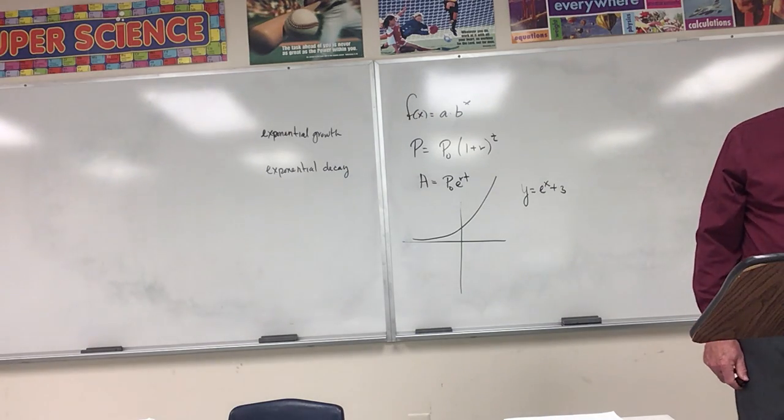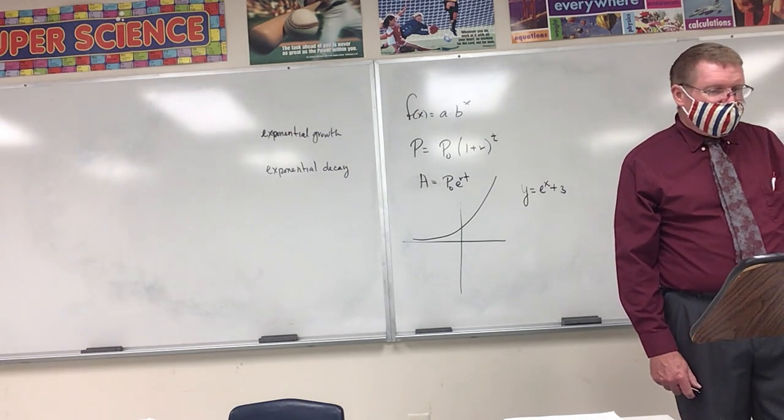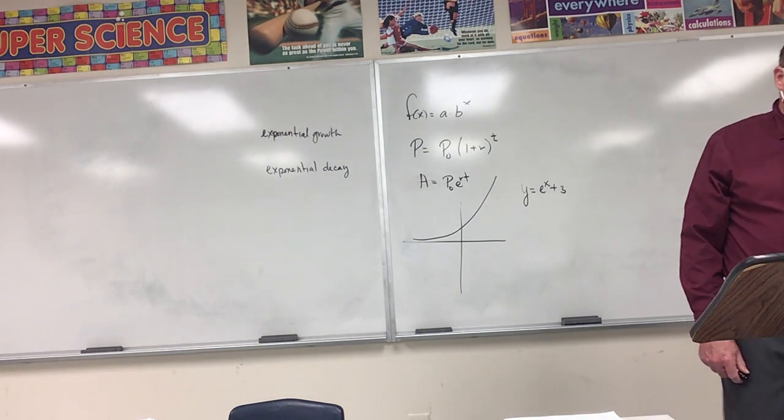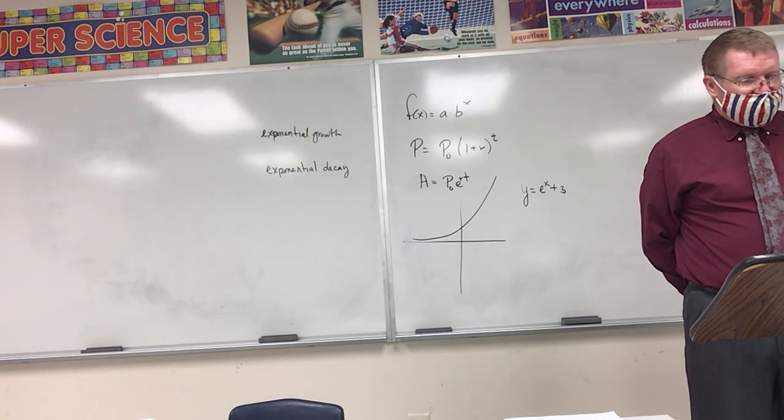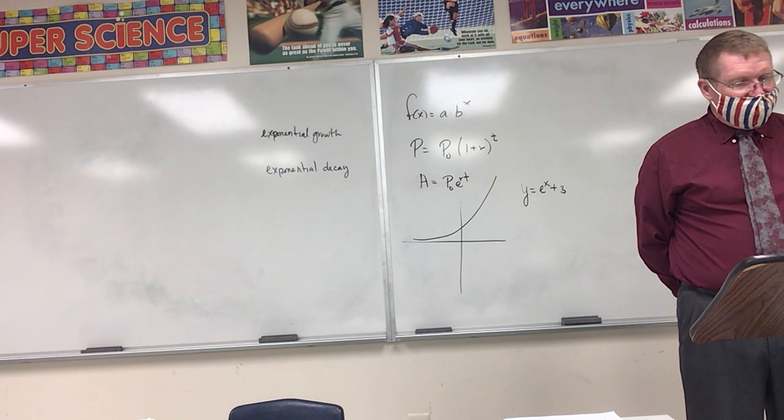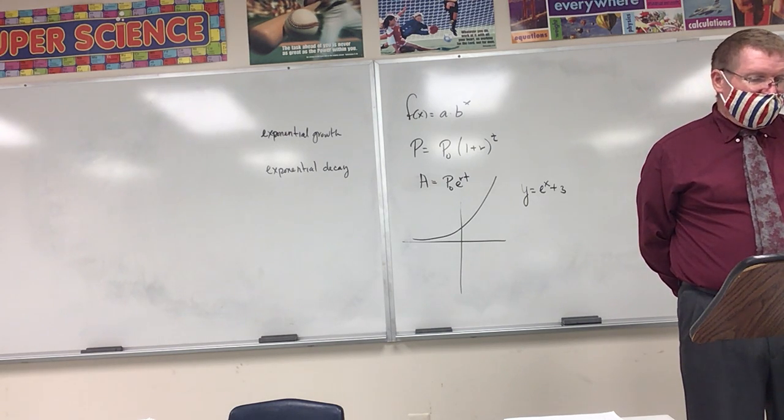Look at number 4. y equals -2 to the negative x minus 1. All right, is this a growth or a decay? Oh, it's a double negative. What does the negative exponent tell you?